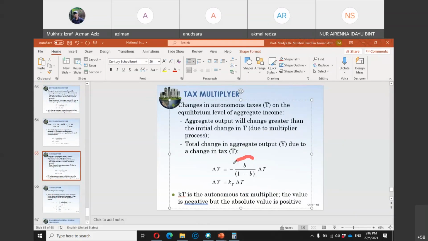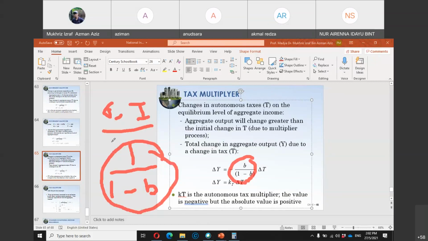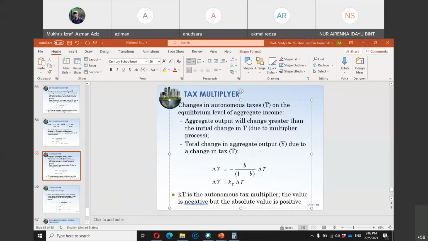If you recall, for the government and investment multiplier, the formula is 1 divided by 1 minus B. However, for the tax multiplier, the formula is negative B divided by 1 minus B. Don't forget this negative sign here. So, negative B divided by 1 minus B.